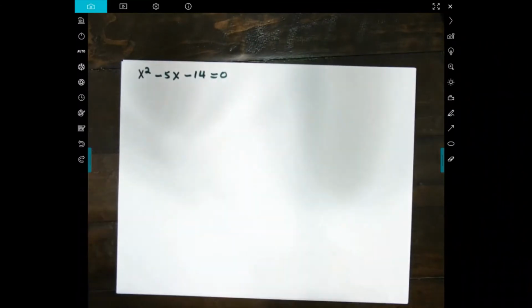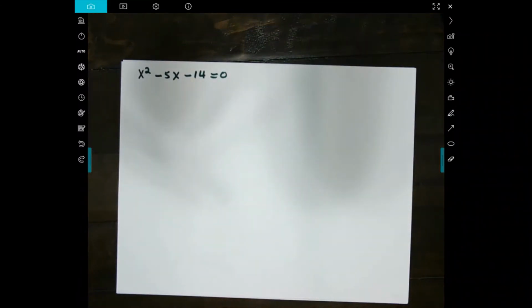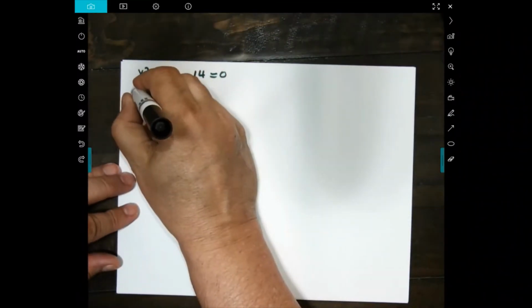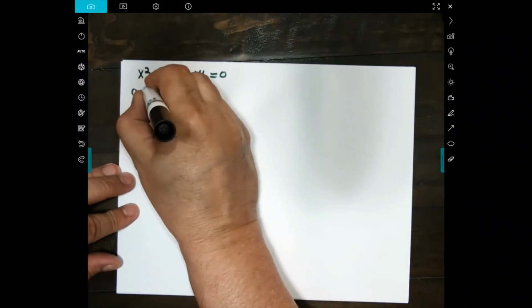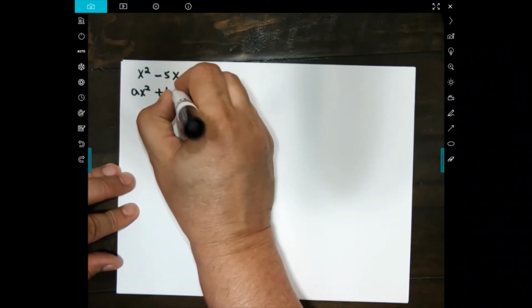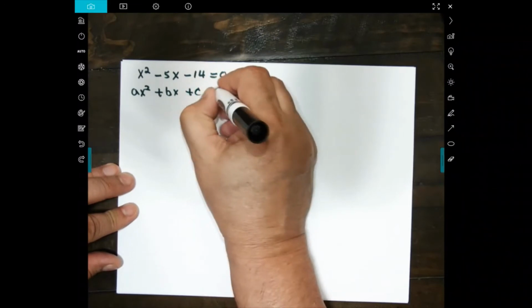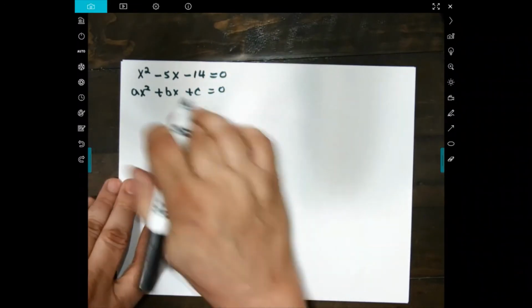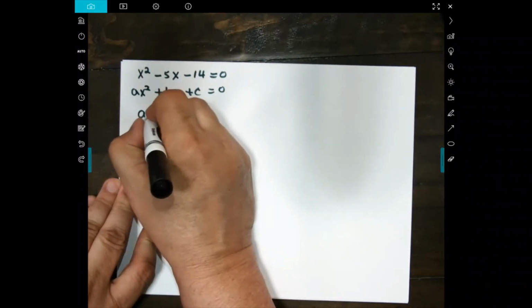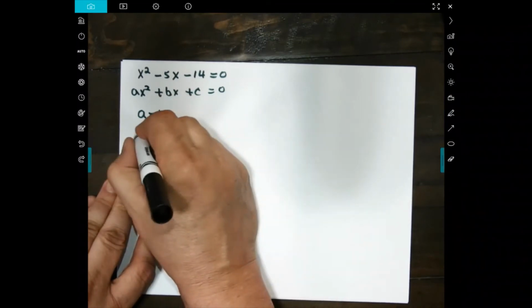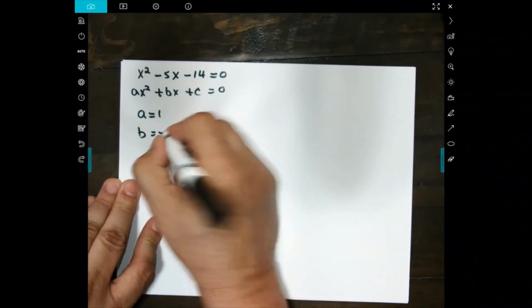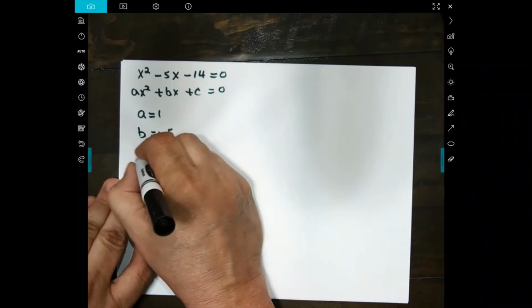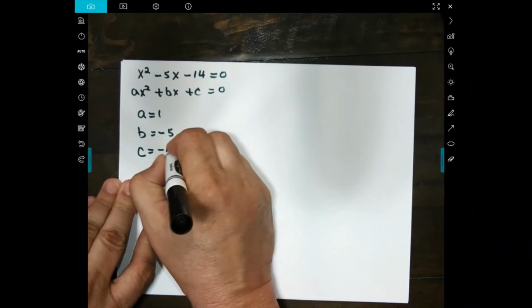As you can see, this is already in the standard form, and to recall, the standard form is x squared plus bx plus c equals 0. So we know our a is equal to 1, our b is equal to -5, and our c is equal to -14.